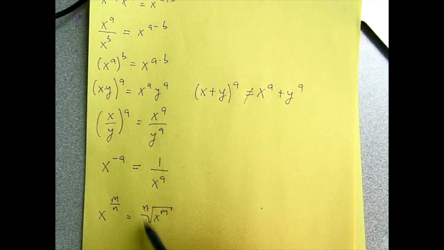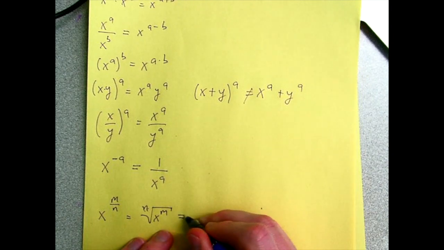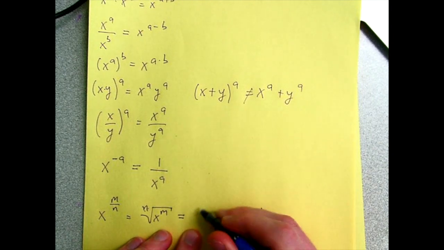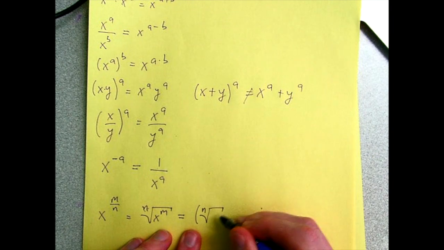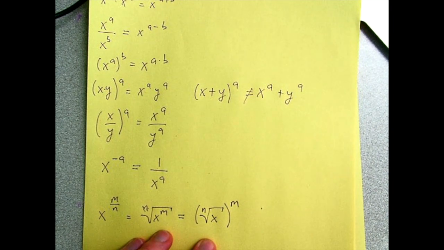A quick comment, this expression here, the nth root of x to the m, can actually be written slightly differently. Another way of writing this expression is the following. You can write the nth root of x, quantity to the m. You might be wondering, what's the difference? Well, here what you're doing is first you're taking x and raising it to the mth power, and then you're taking the root.